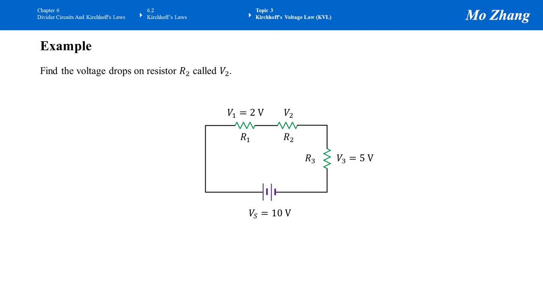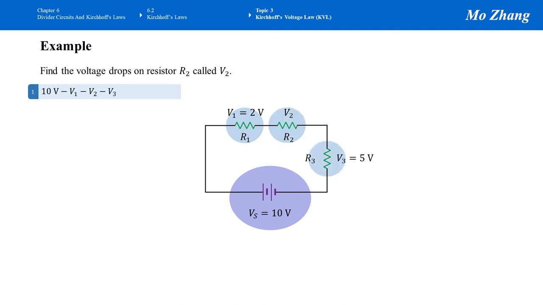And we want to find out V2, the voltage drop on R2. So now, let's use KVL to set up the equation. Vs, the 10 volt, subtract V1, subtract V2, and subtract V3. The net voltage of the system equals 0 volt.